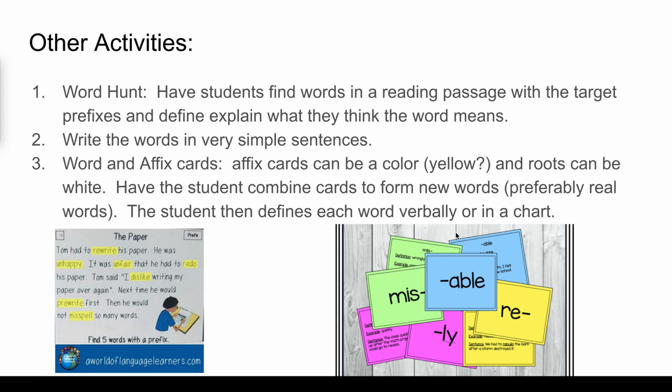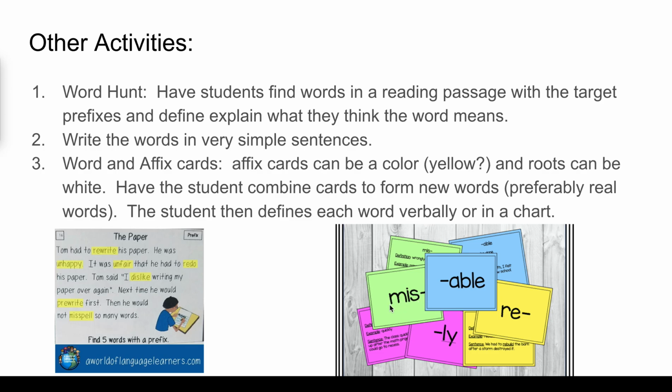I tend to like color-coded cards because we can see root words, we can see prefixes, we can see suffixes, and each of them having their own color kind of helps. You would put them together and form new words. On the back, you can add a little definition.